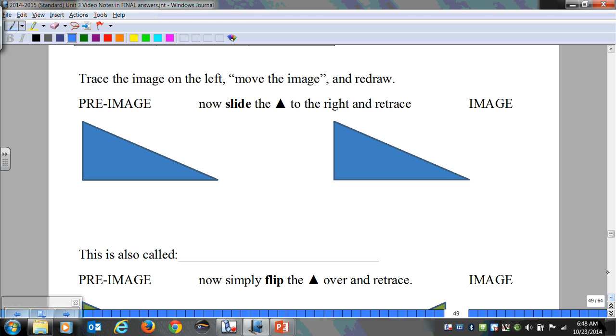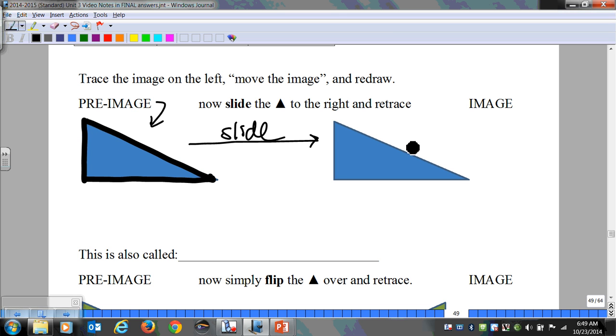So I want you to imagine that you had a cardboard triangle here on the left. This is called a pre-image. And if you simply slide it to the right, so write the word slide, pretend you had a traced triangle and you just physically slide it to the right.